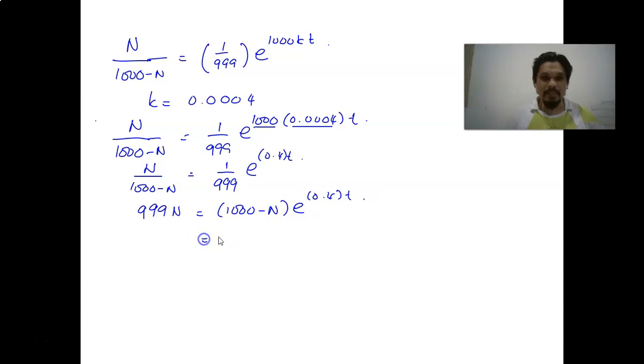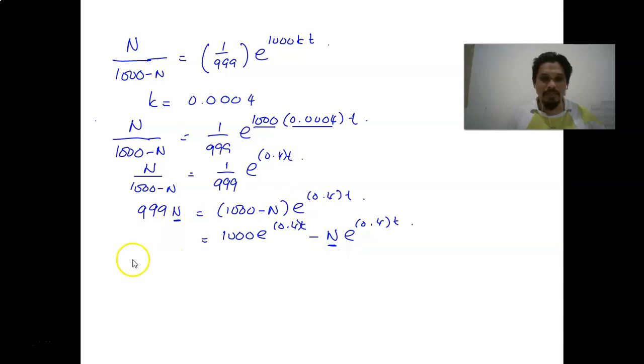Okay, expand this. Multiplied with this one here, 1000 e power of 0.4 t minus n e power of 0.4 t. Okay, so we get n and also n here.